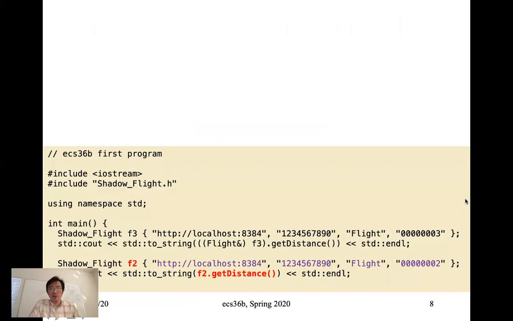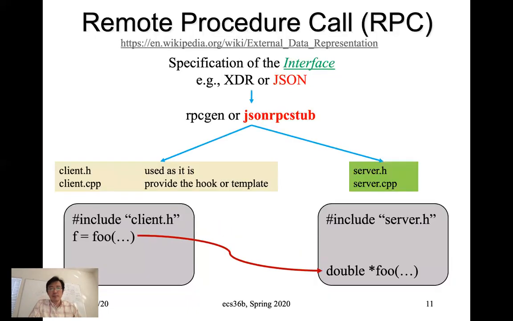Let me actually show you this. Essentially you use something called JSONRPC stub. That takes something specified by JSON about how client and server should communicate. And then you use this program called JSONRPC stub.